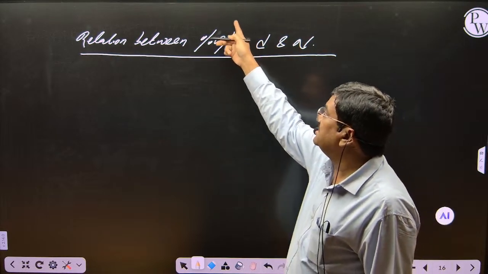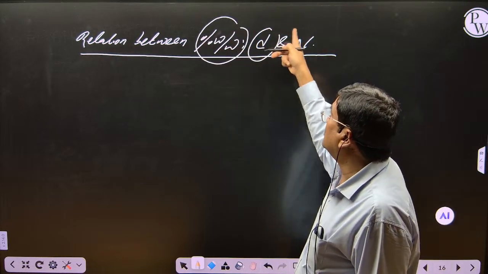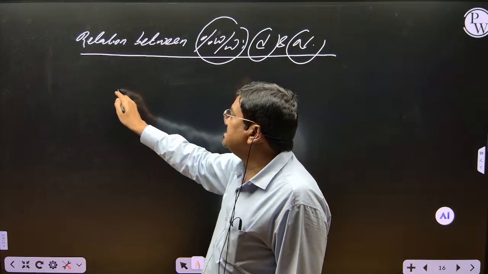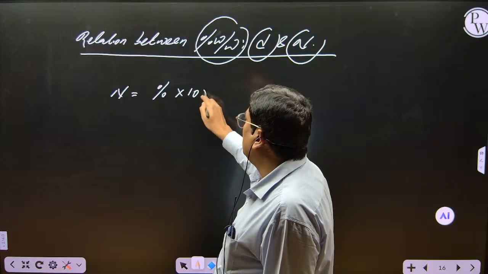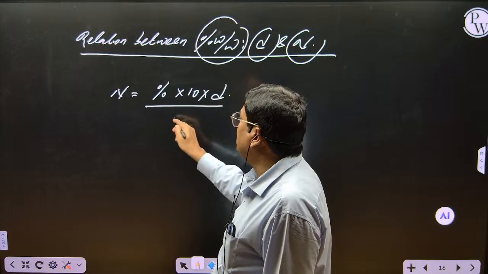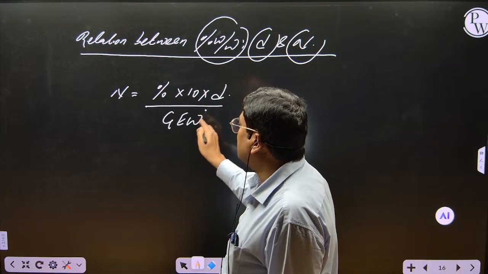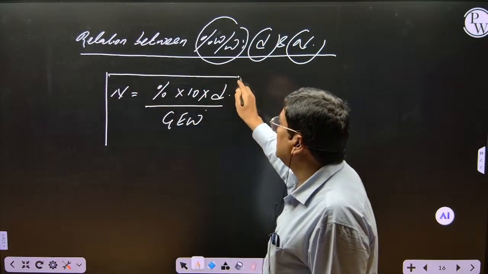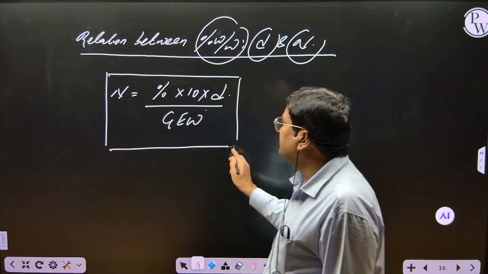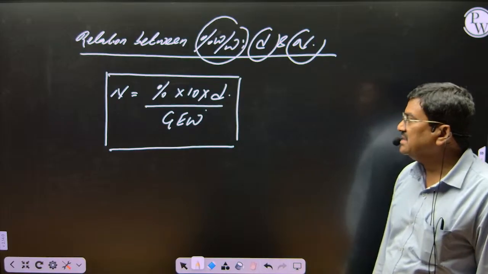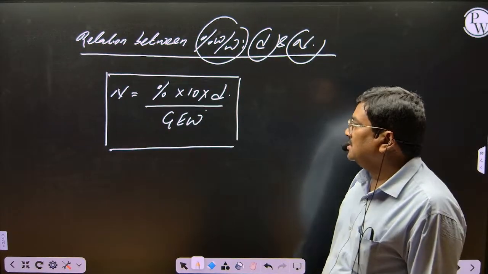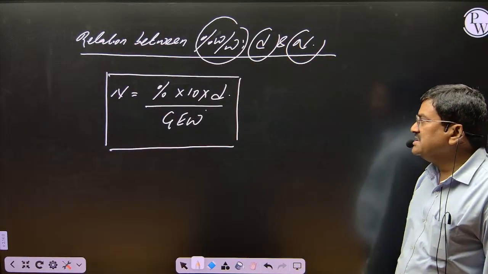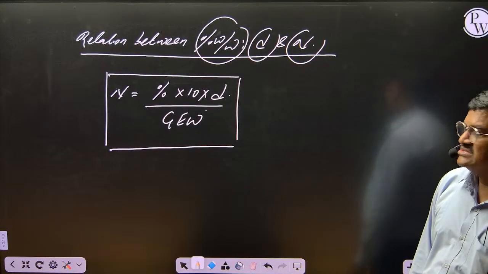Now there is a relation between mass percentage, density and normality. What is that relation? See, make a note. Percentage mass into 10 into density by GeW. What is GeW? Gram equivalent mass. This is the relation, and in the exam they ask you by giving density and percentage mass to find normality. Copy this. Percentage into 10 into density by gram equivalent mass.